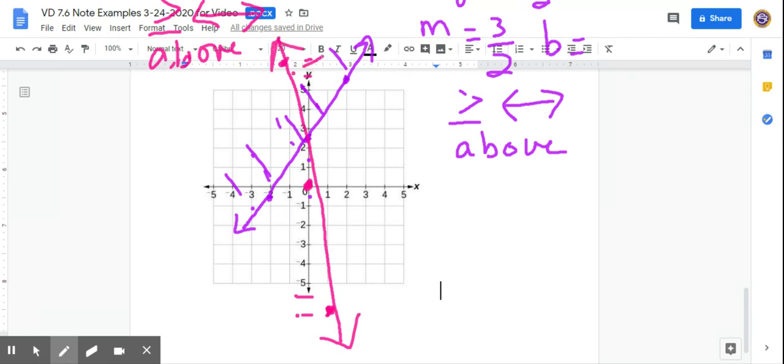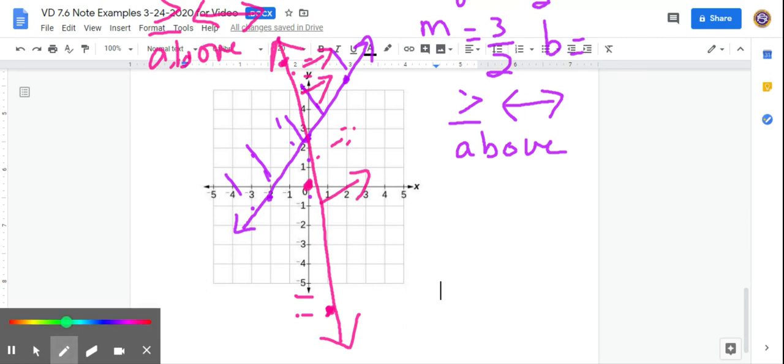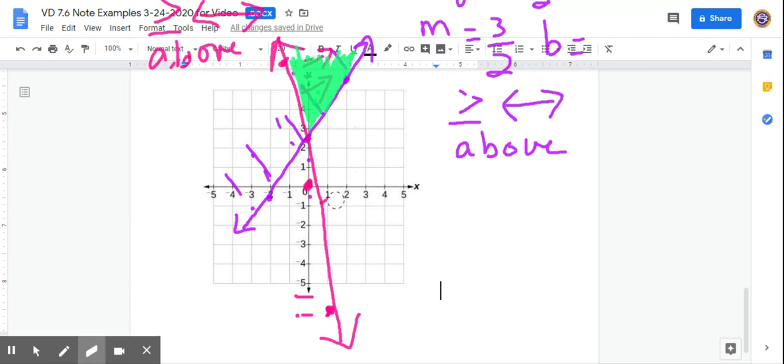So above would be this way. So you can see where that's going to be overlapping. That's going to be overlapping right in here. That's where the 2 lines would overlap. So that's your answer. Again, if you want to, you can shade it in, but I always just, there we go.